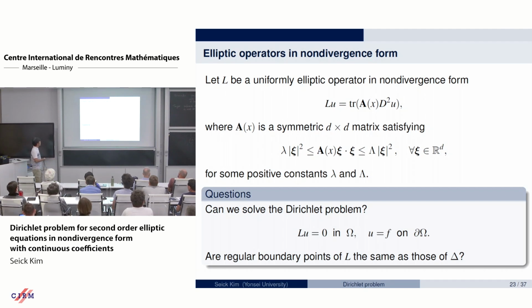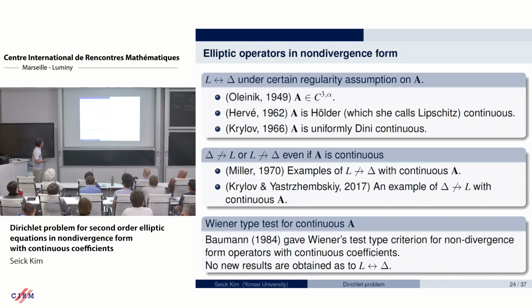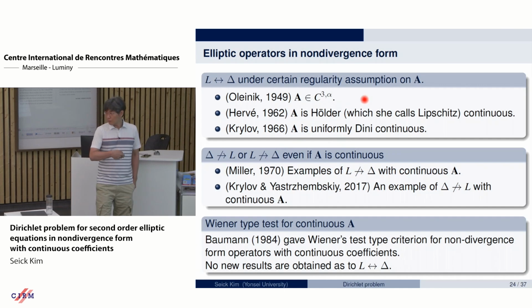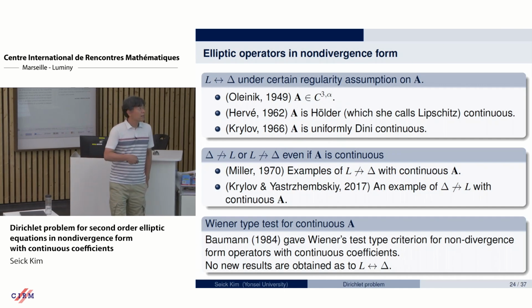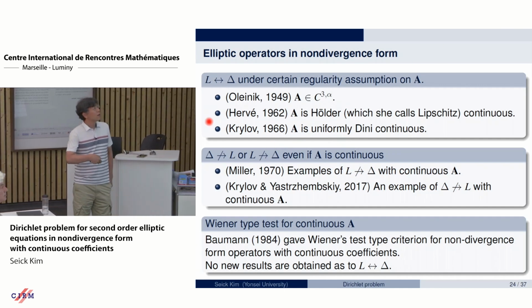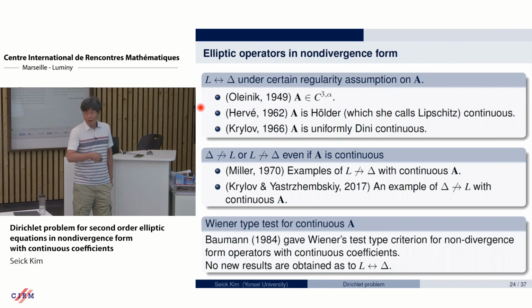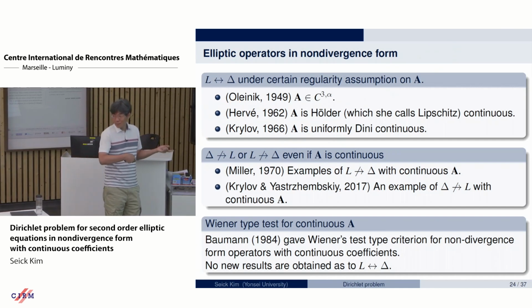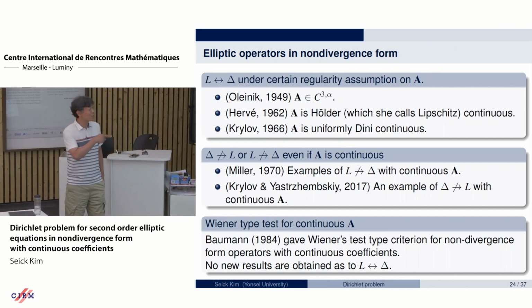And of course, people studied this problem. Oleinik showed that regular points for this operator L are equivalent to regular points for the Laplacian under the assumption that the coefficient A is C^{1,alpha}. Then there is Hervé. I hope I pronounced that name correctly. I think she was French, definitely.